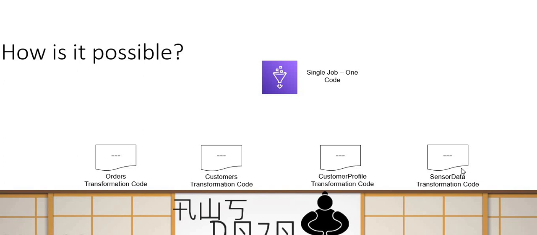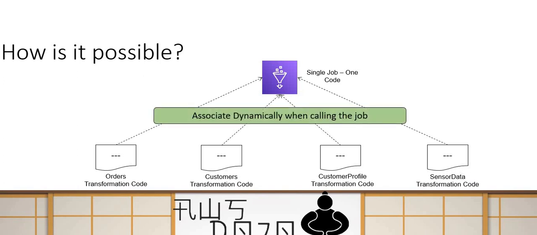But then what we need to do is, when we call this job, somehow automatically associate this transformation with my job, so that when this job runs for orders, it takes care of order transformation using this part of the code. When the job is doing ingestion for customers, then it's taking care of customers table transformation based on this code, and so for the other tables.